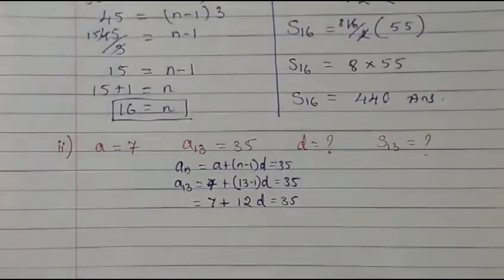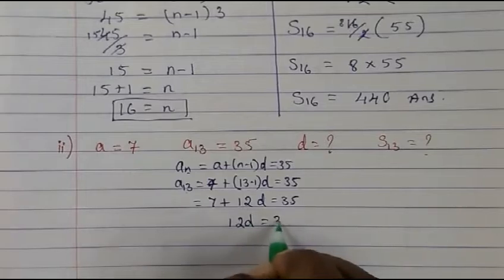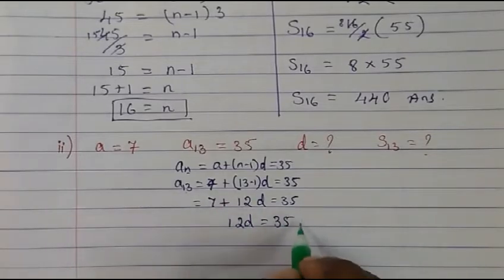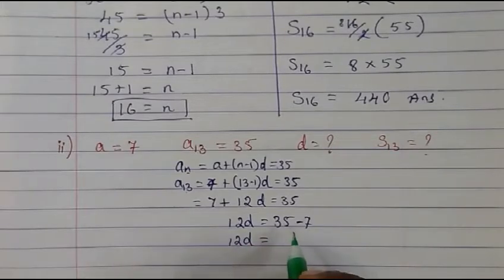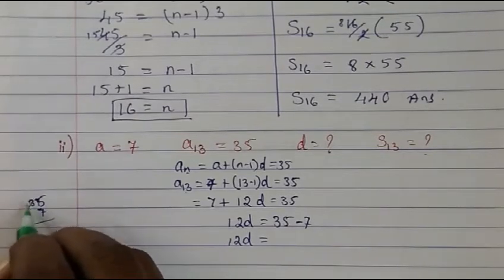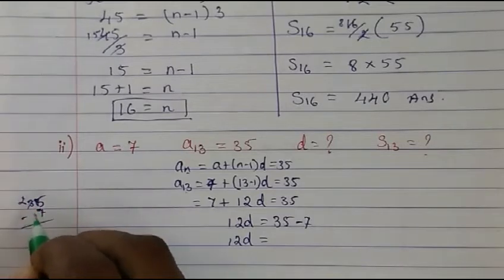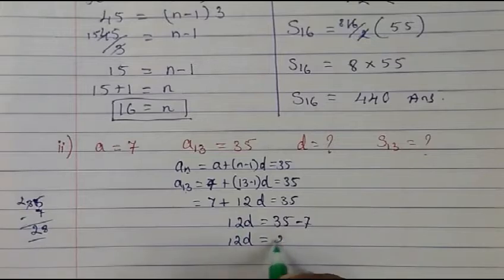35. Okay. So now 12d we will keep here, 35 here. This is plus; when it comes here, it will become minus. So 12d equals 35 minus 7, which will give us 28.